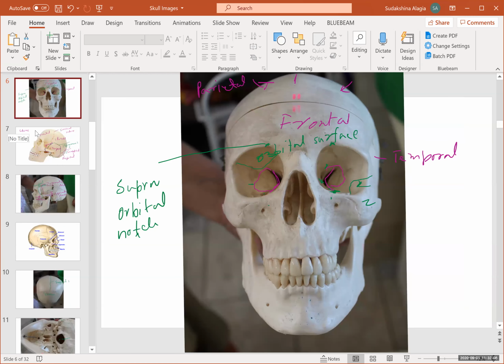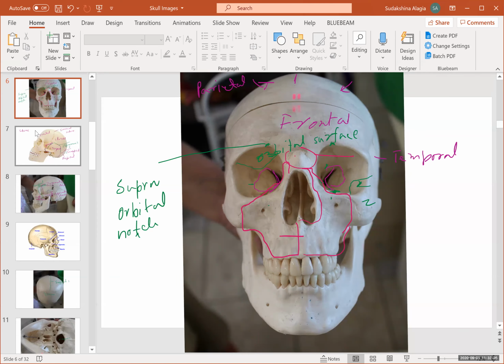Where are the two maxillary bones? There it is, one on the left. There it is, one on the right. Not this though, that's the nasal bones.